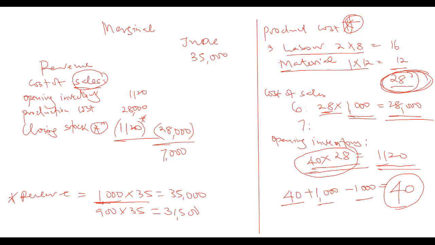Therefore, we go here, less production overhead, which is equal to 2,000. And you get therefore profit of 5,000. Therefore, if we were to use the marginal costing method in the month of June, we get the profit figure of 5,000.